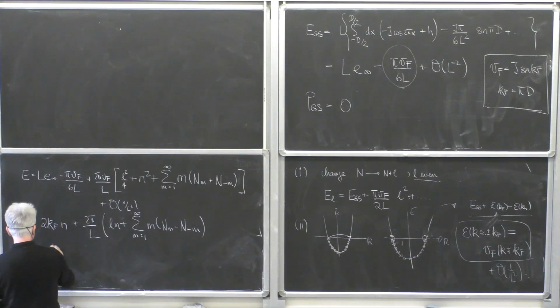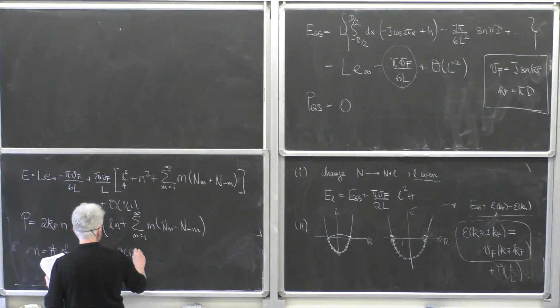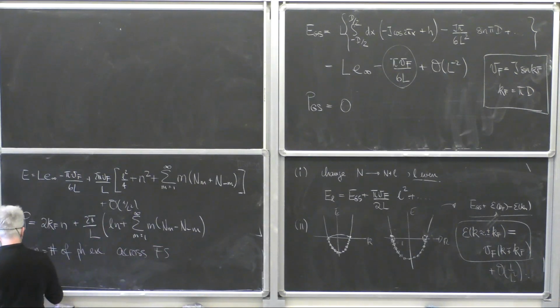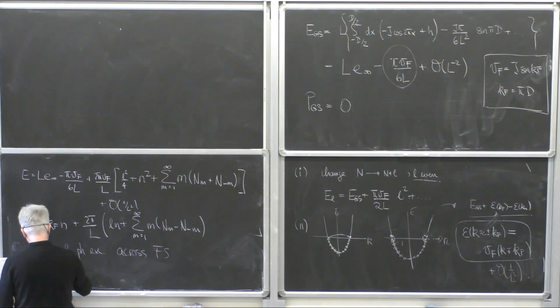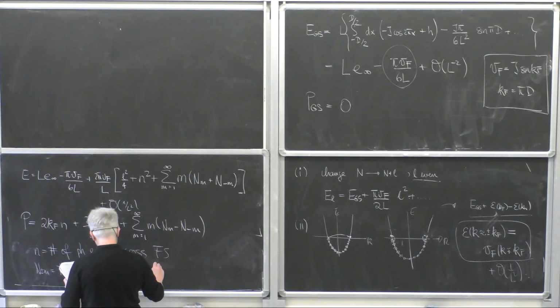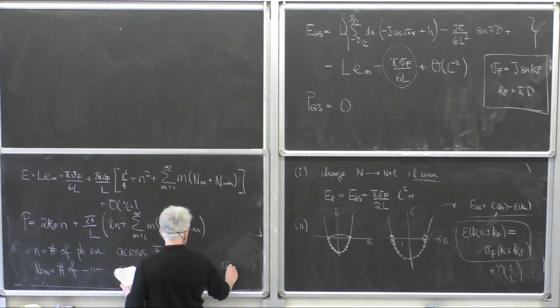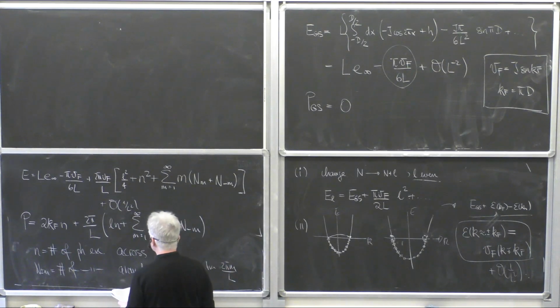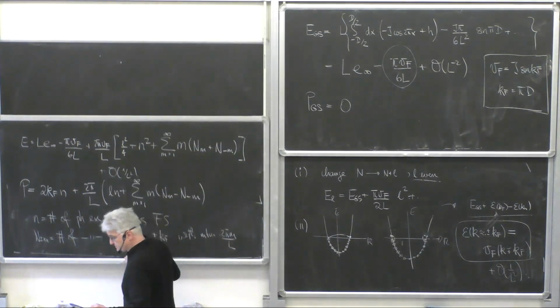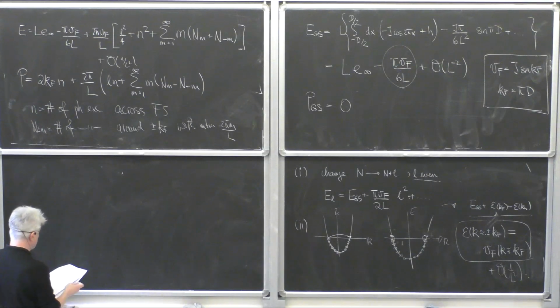Little l is the number of particle-hole excitations across the Fermi sea, and n_plus-minus m is the number of particle-hole excitations around plus or minus kf with momentum 2 pi m over L. Okay, so that is the answer. I'll show you that in a moment.